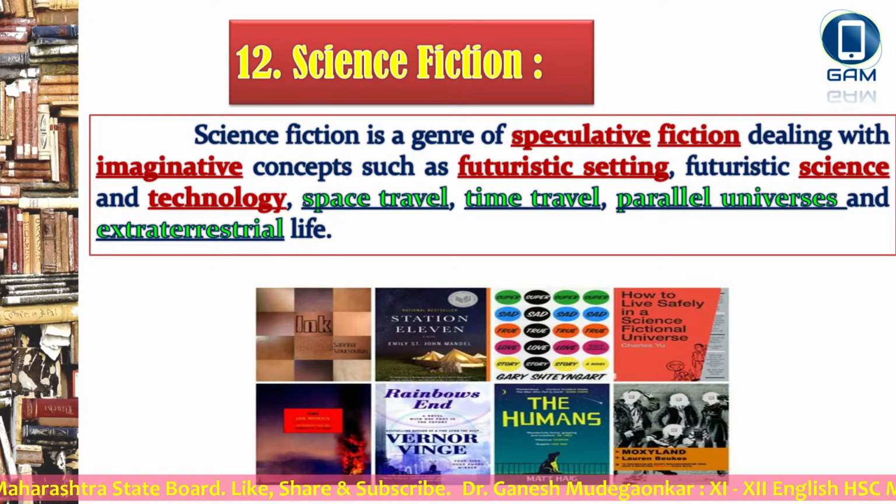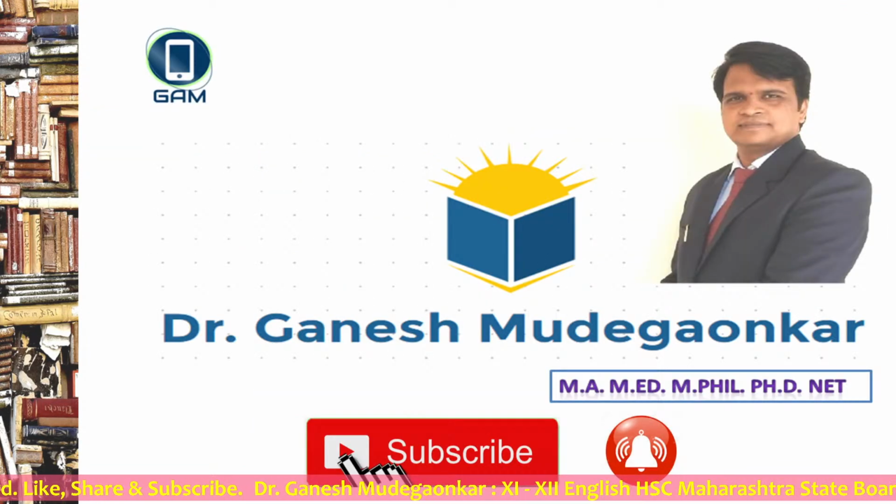And extraterrestrial things: now we have life on Earth, maybe on Mars a different kind of life will be there, and that is called extraterrestrial life. Some examples are Rainbows End, The Humans, or Station Eleven. So this is what science fiction is.